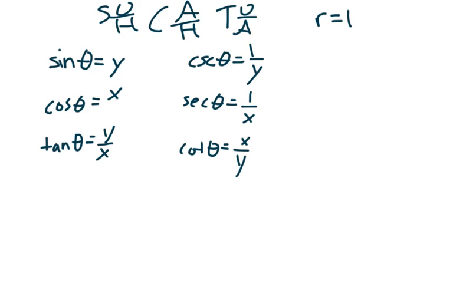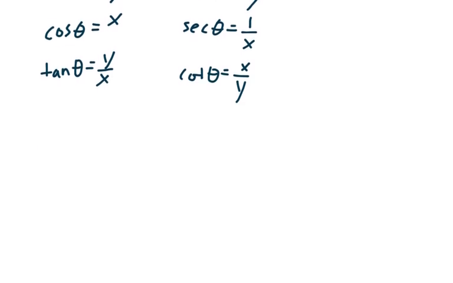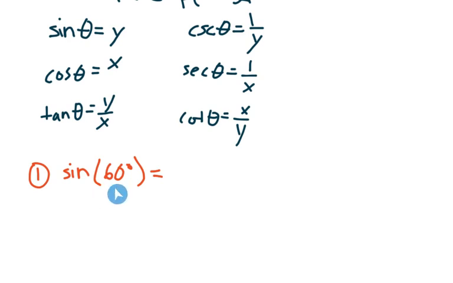All right, so now we can use our unit circle to solve some problems. So we're going to do a handful of practice problems. So 1, if I asked, what is the sine of 60 degrees? What you're going to do is go to your unit circle, to 60 degrees, and find the y-coordinate.